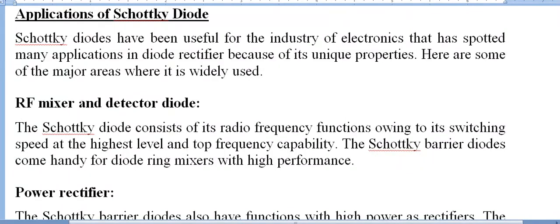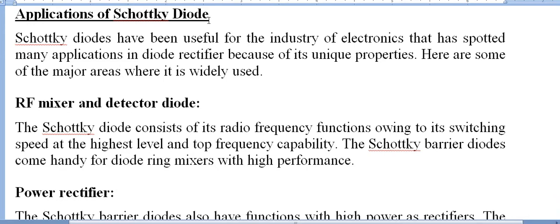Now let us see some of the applications of a Schottky diode. While dealing with the Schottky diode, we must remember that it is formed by joining metal with the n-type semiconductor material.